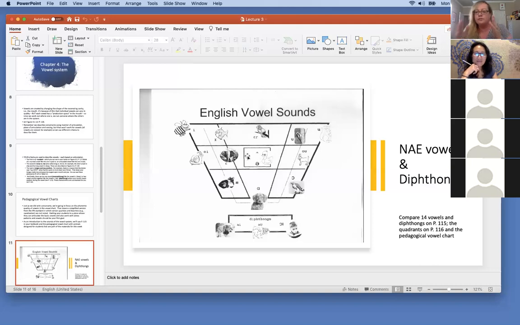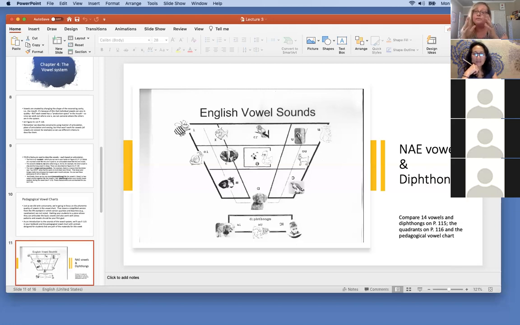In that central part where you have that unstressed schwa, you also have a stressed caret, meaning C-A-R-E-T, not carrot that you eat. And that's this little caret thing right there. Why do we have that? Which I'm sure you probably know. Because every word in English has a primary stress.